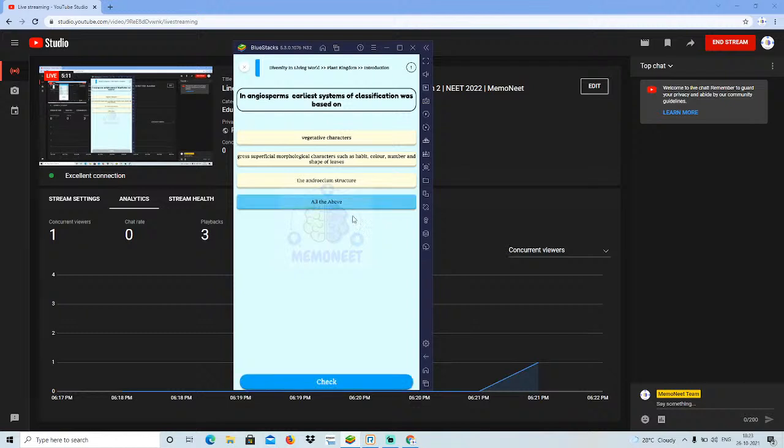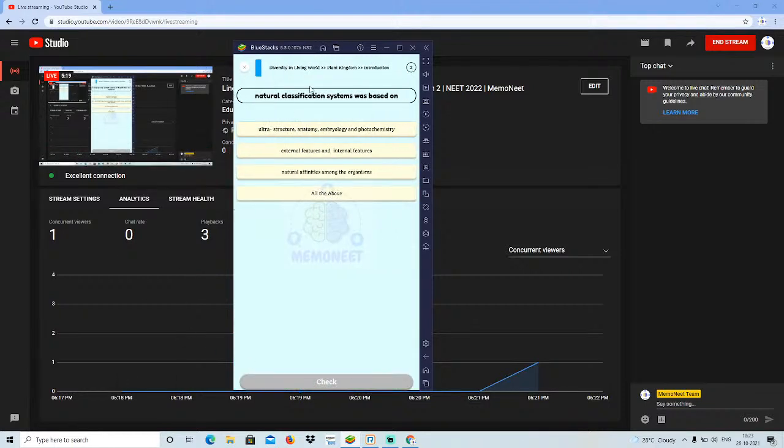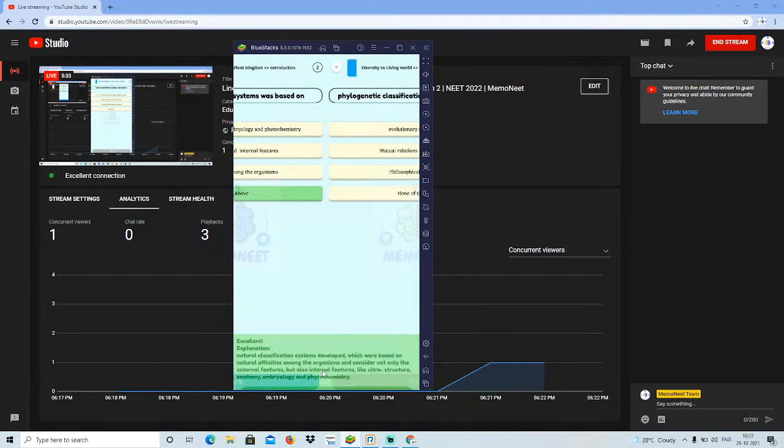If you read this and hit the answer, all the above, you will have covered 3 lines from NCERT easily. Natural classification was based on external and internal features as well. Yes, ultrastructure, anatomy, embryology, and phytochemistry as well. Natural affinities as well. So it would be all the above.